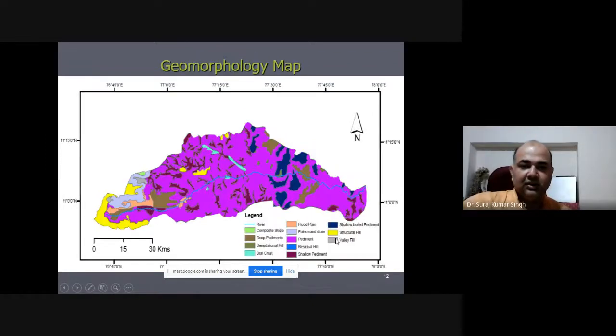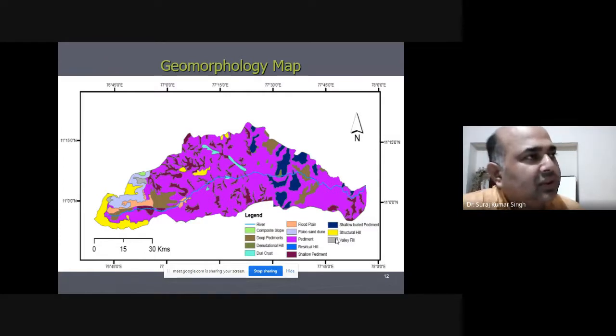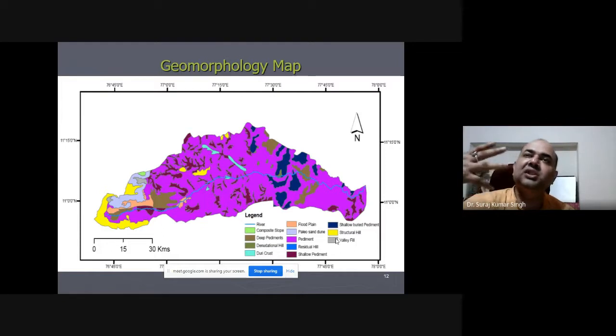Okay. Next comes the geomorphological map. Why this? Again, whenever you are going for any kind of groundwater exploration, you have to identify each and every factor responsible for groundwater dynamics or river water dynamics. When we say geomorphology, we are trying to identify the landforms, and each landform has different characteristics. In a particular landform you may get a high amount of recharge, and in another landform you will get low recharge.